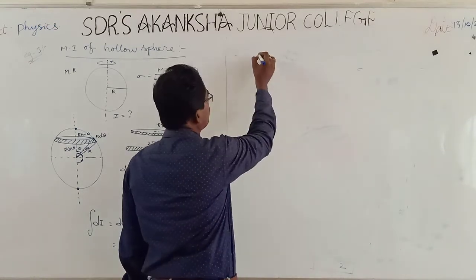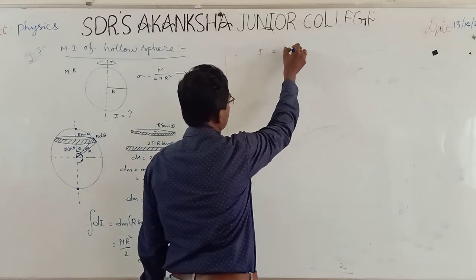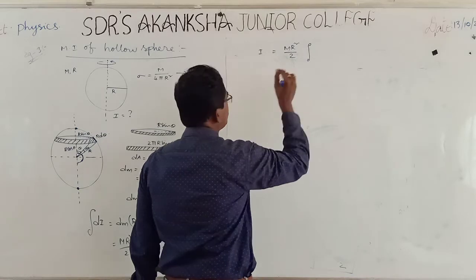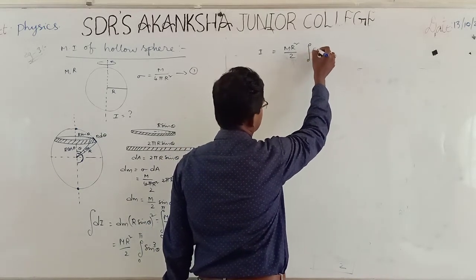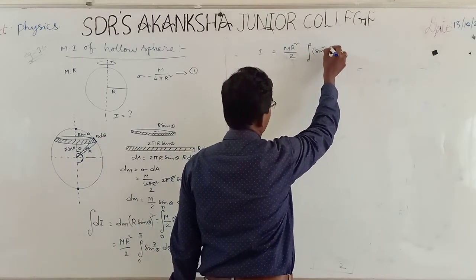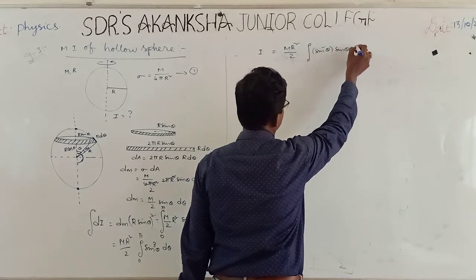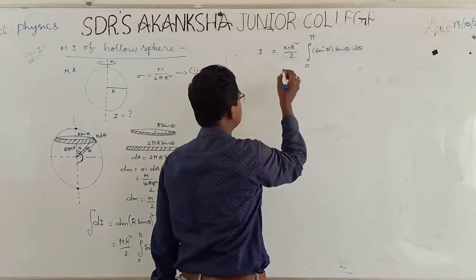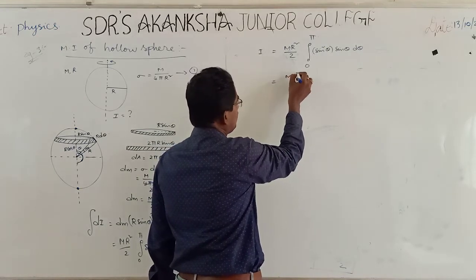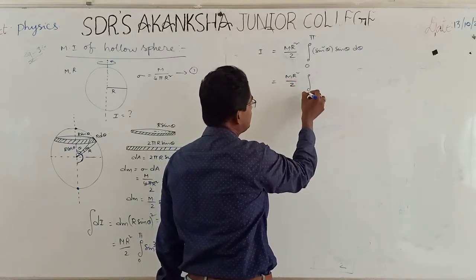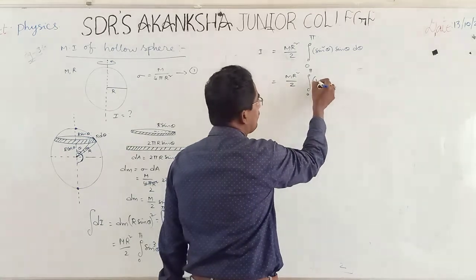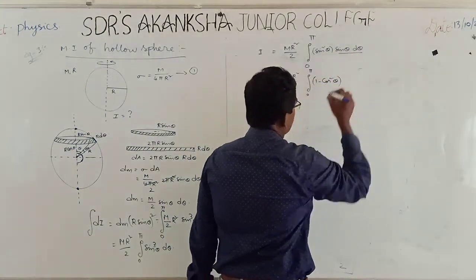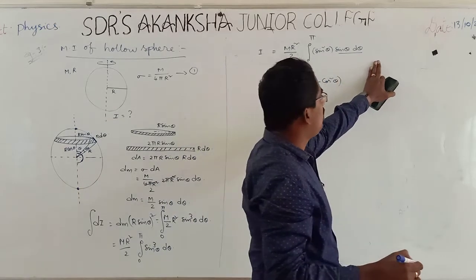So the moment of inertia is M r square by 2 into the integral of sin cube theta, which we write as sin square theta into sin theta d theta, with limits 0 to pi. Then M r square by 2 into the integral from 0 to pi of 1 minus cos square theta into sin theta d theta.